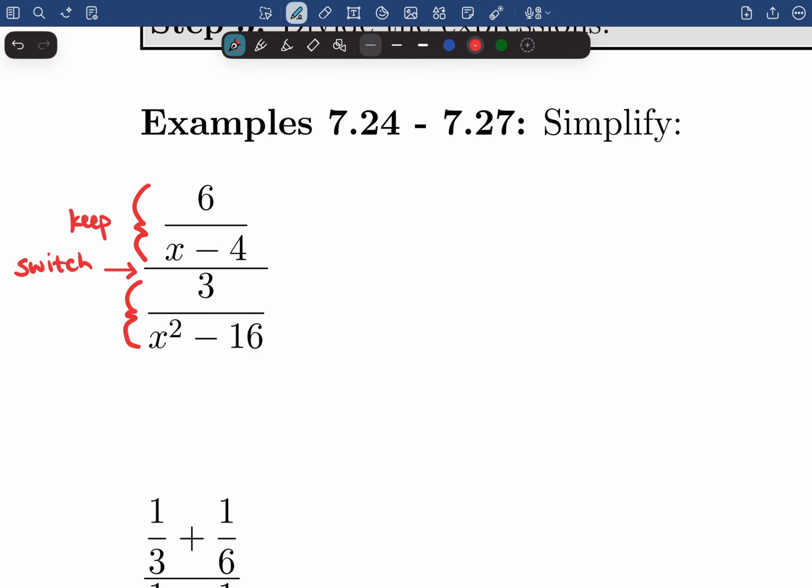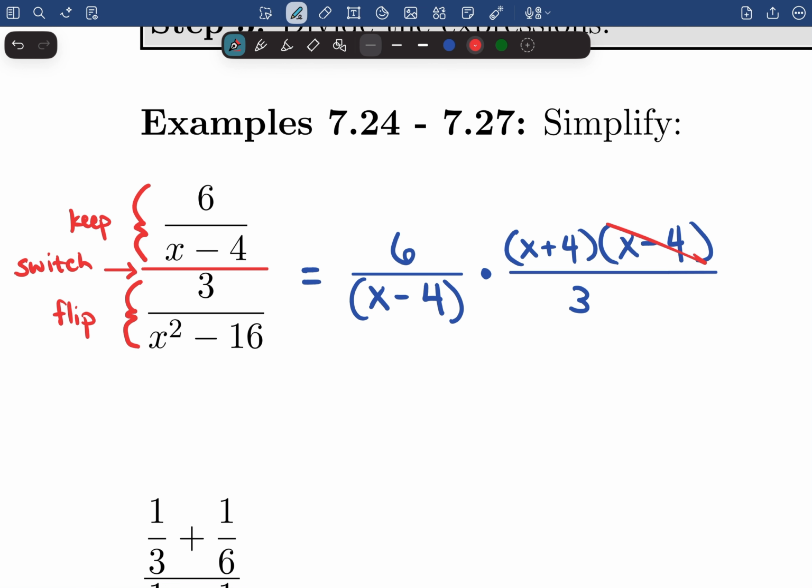So I notice there's an x minus 4 and an x minus 4 on top and bottom, so those terms cancel. And also, I see a 6 divided by 3. So this 6 divided by 3 reduces to 2 divided by 1, right?